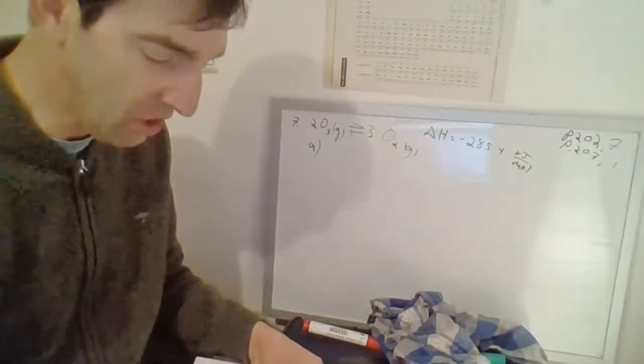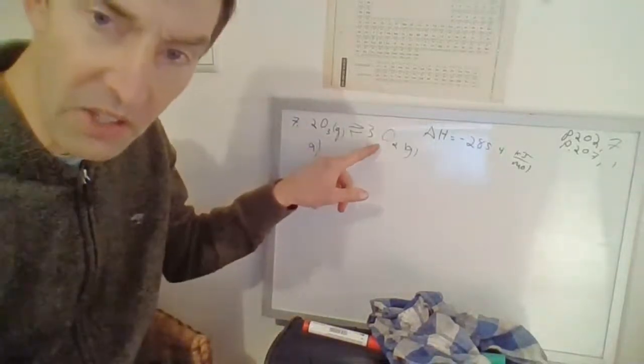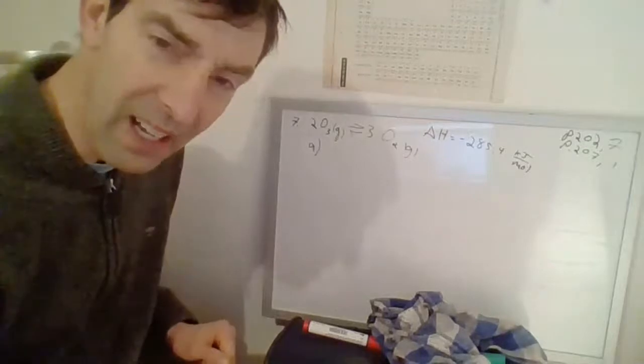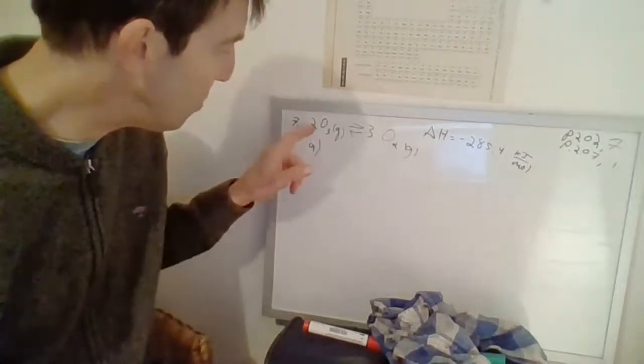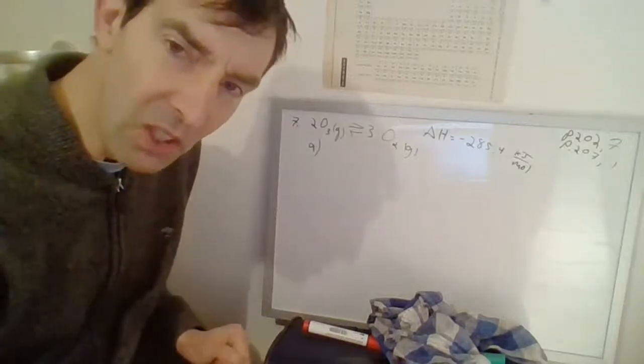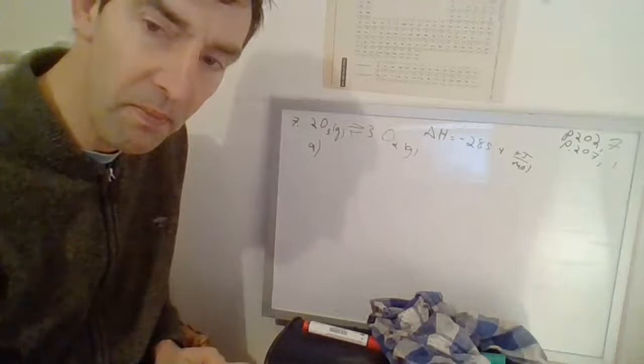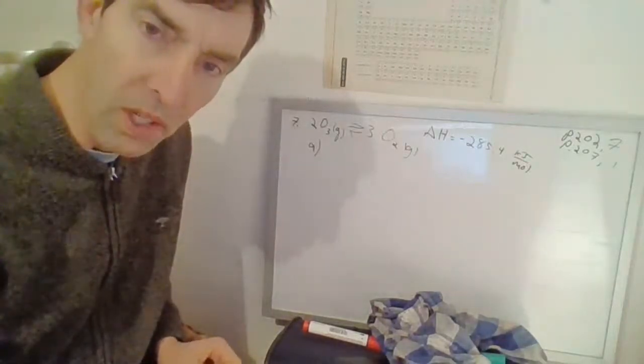Let's look at delta S, gang. I got 2 moles of gas going to 3 moles of gas. Is it getting more or less random? Am I increasing or decreasing the amount of entropy, disorder? What do you think?